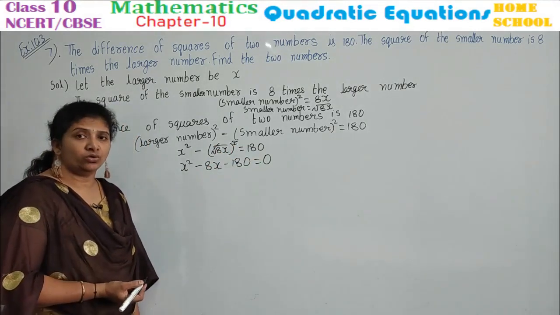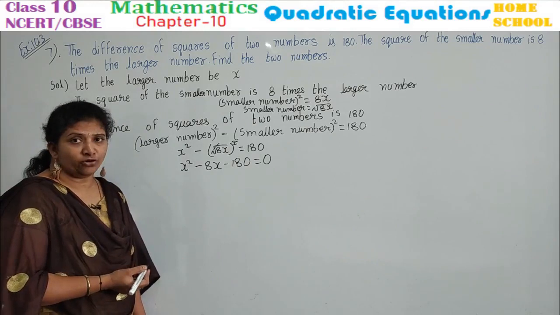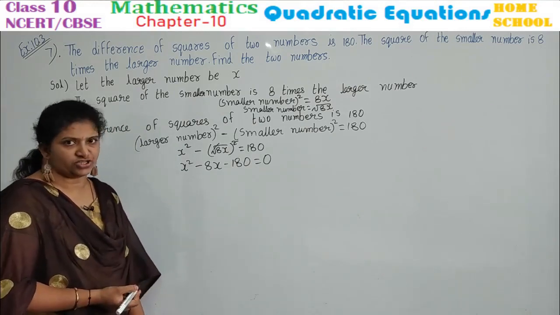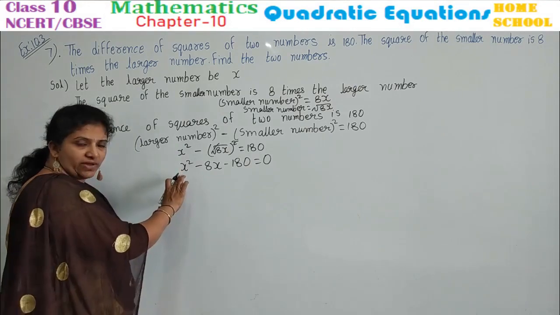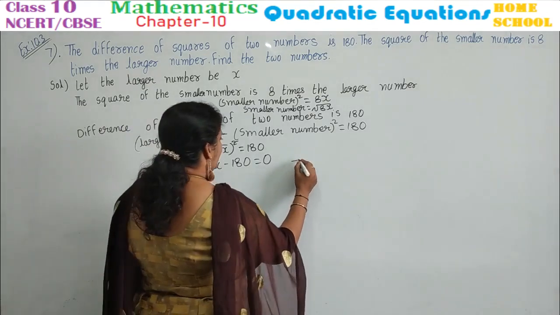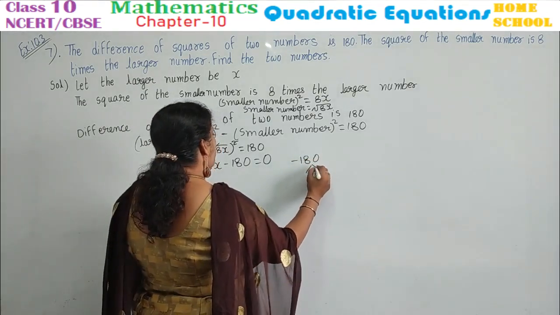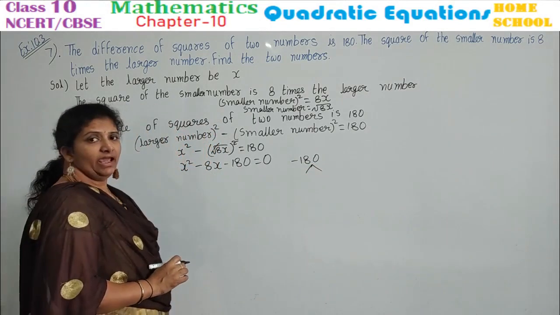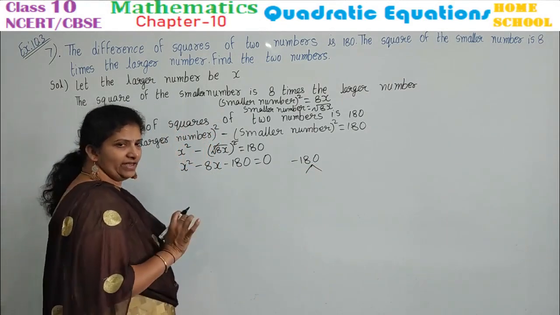Now what do we need to do? We need to find the roots. In any method you can find. Let us go with the factorization method. Multiply x square coefficient and constant. 1 into minus 180, minus 180. What are the factors in order to get the middle term? 18 tens are 180.